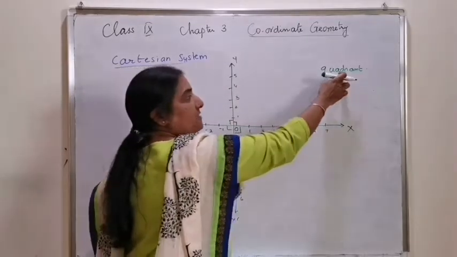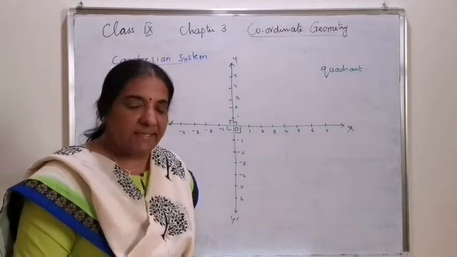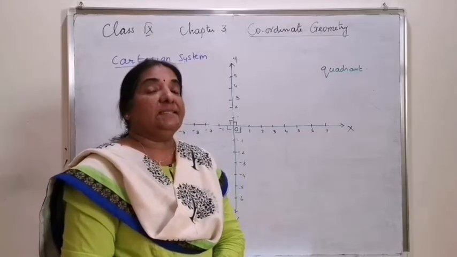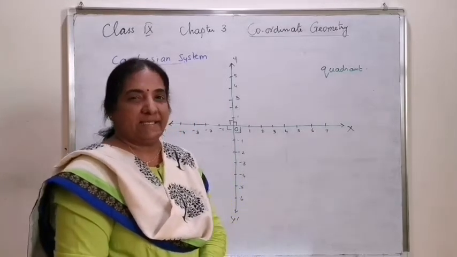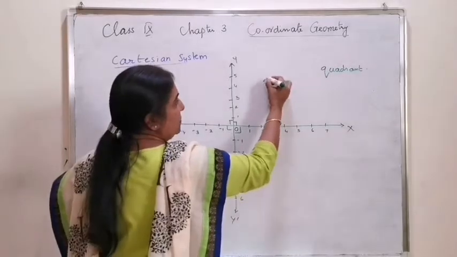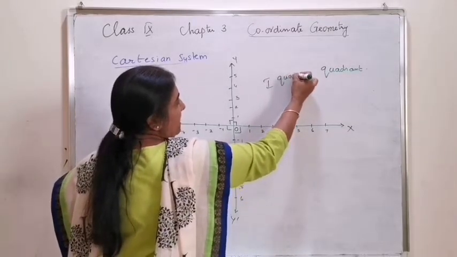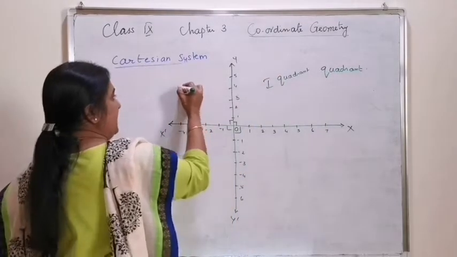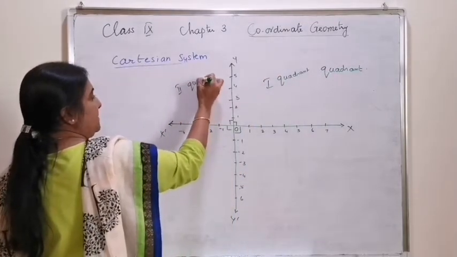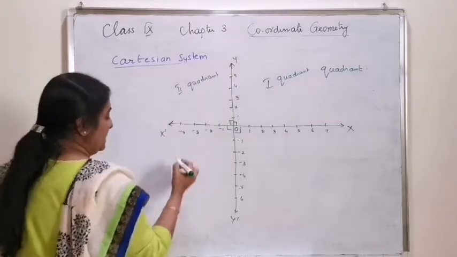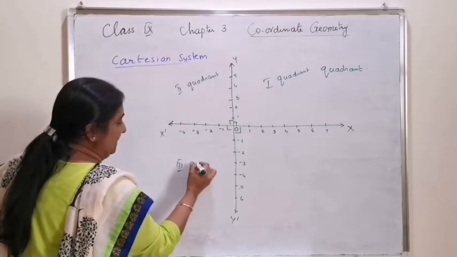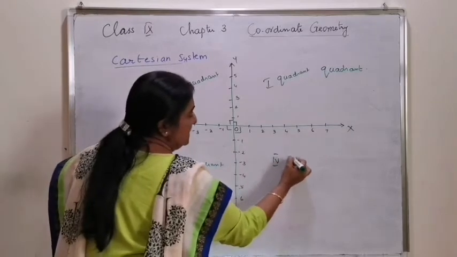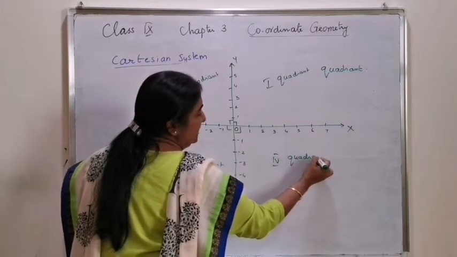We call each part a quadrant, and we name the quadrants always in the anti-clockwise direction. The first quadrant in this position, second quadrant in this position, third quadrant, and this is the fourth quadrant.